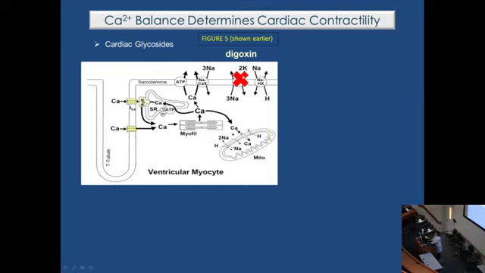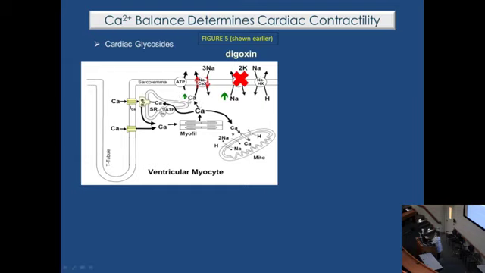So here digoxin blocks the sodium-potassium pump, and this will make the sodium inside the cell increase, right? The concentration increases. By increasing the sodium concentration, the activity of the sodium-calcium exchanger is slowed down, and this will result in an increase in the cytosolic calcium.